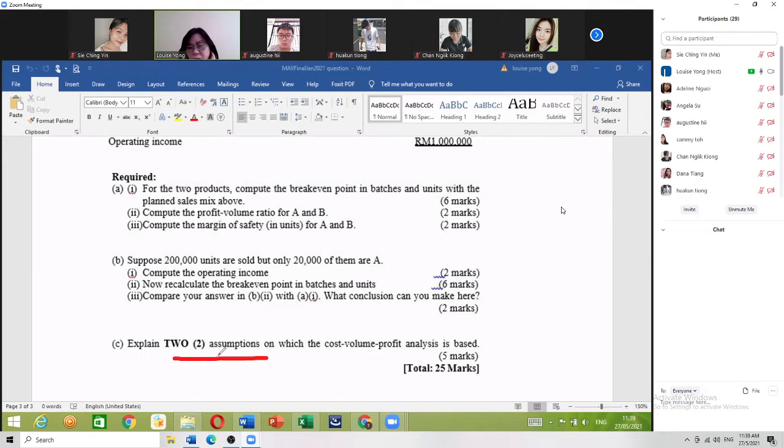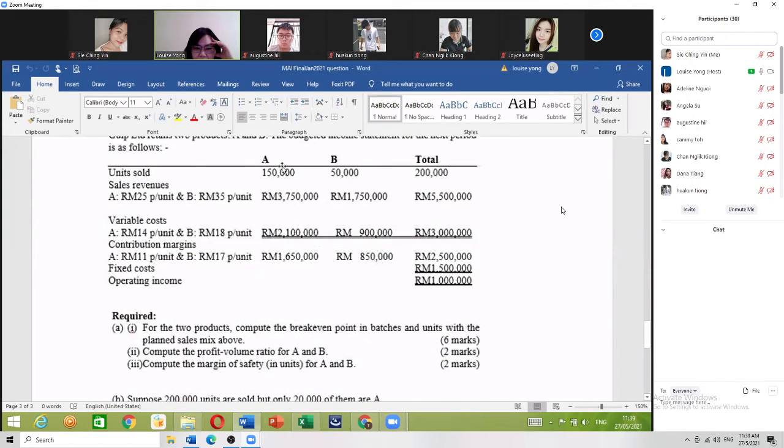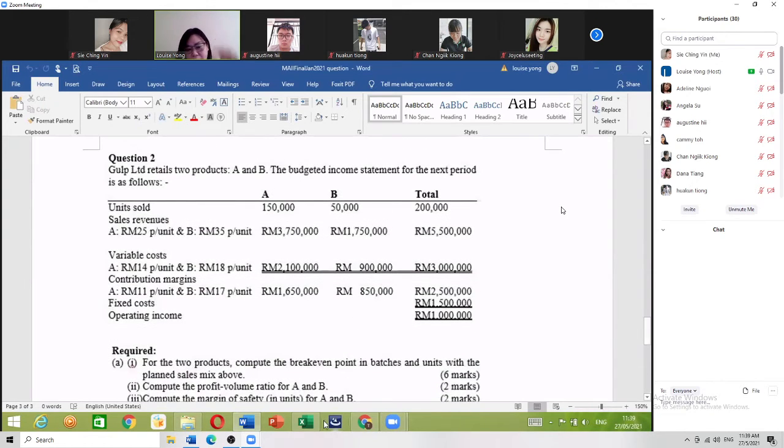Here 我们有7个 assumption，对吗？So 你 explain 其中的2个就可以了。所以不会很难啊，这题啊不会很难啊。所以我们先做第一题啦。For your product here, compute your break-even point in batches and in units.